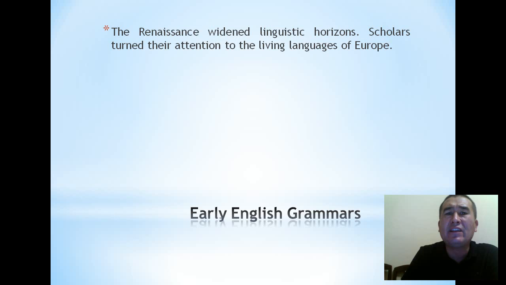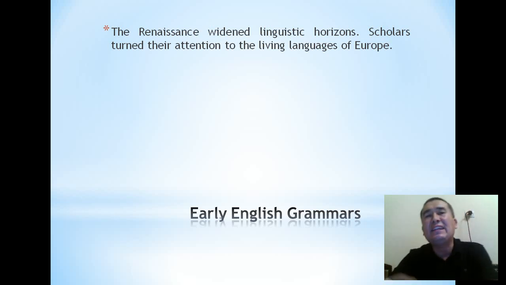Early English grammars: Renaissance, vibrant linguistic origins. Scholars turned their attention to the living language of Europe. So, after the 17th century, scholars started to pay attention to living languages of Europe, to English, French, Italian, Spanish, and so on.